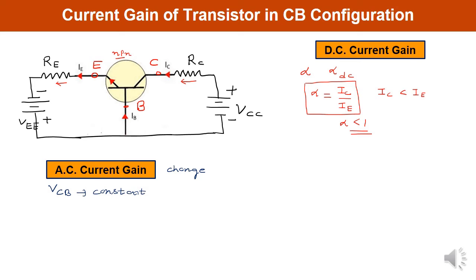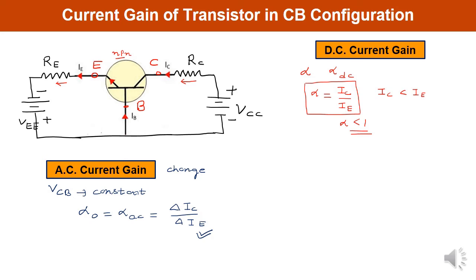It is denoted as alpha naught or alpha AC, because this is AC current gain. So this is the ratio of the change in collector current to the change in emitter current, and this is how you can calculate the AC current gain.